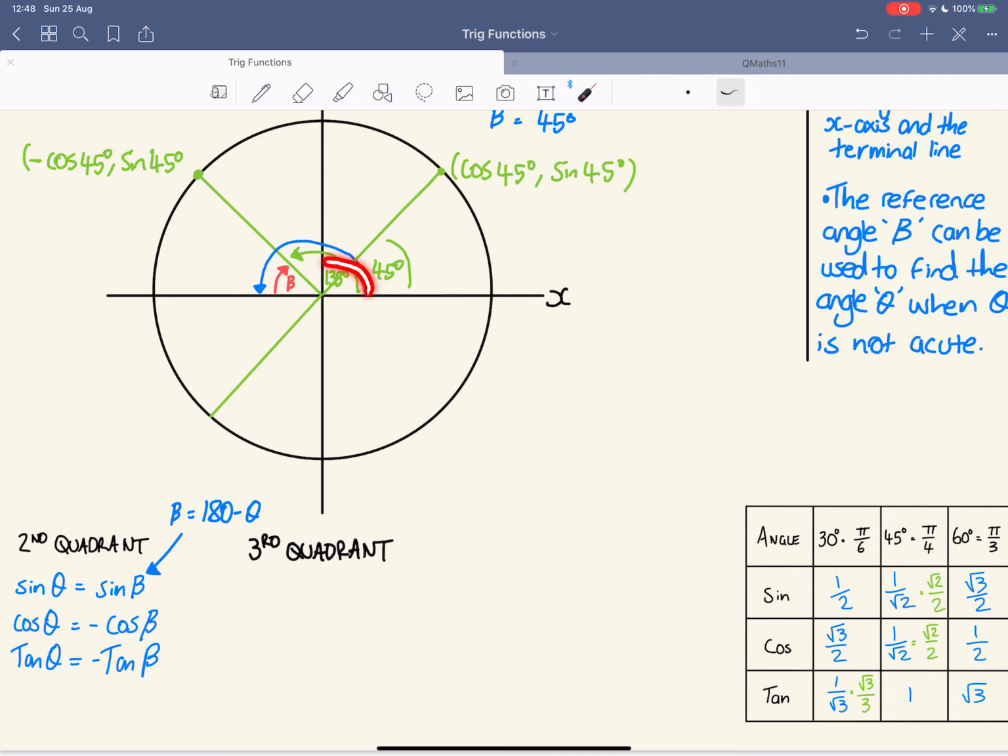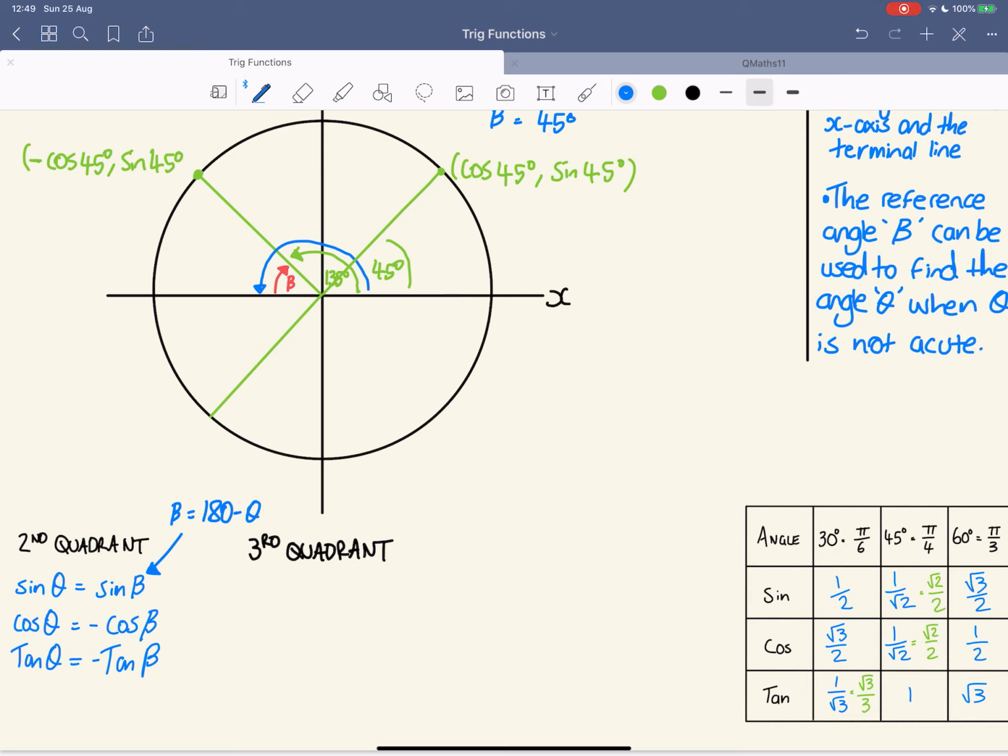So from here all the way around, what might that be? It would be 180 plus another 45. So what's 180 plus 45? 225. Happy with that? We'll go with 225.